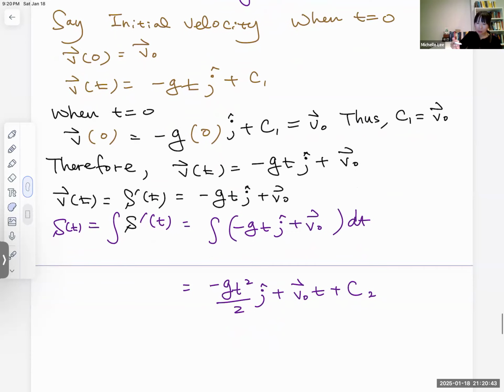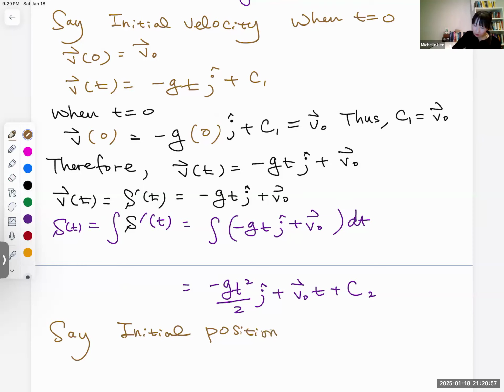So let me say the initial position vector when t equal to 0, right?